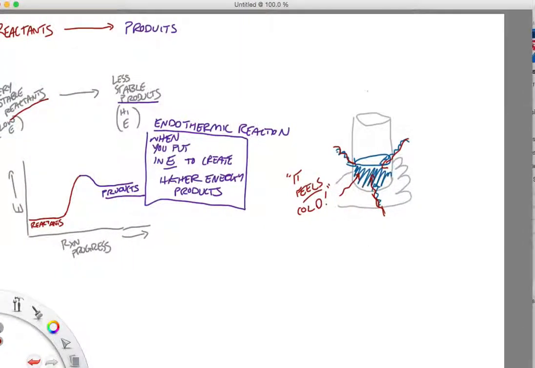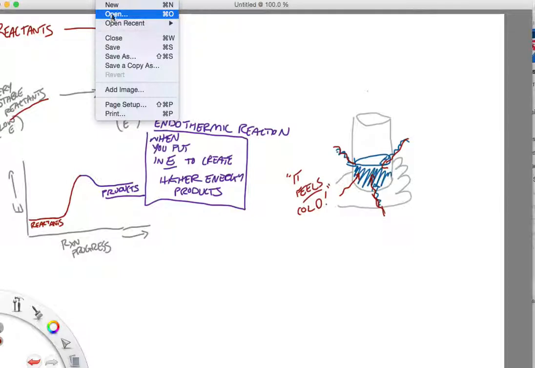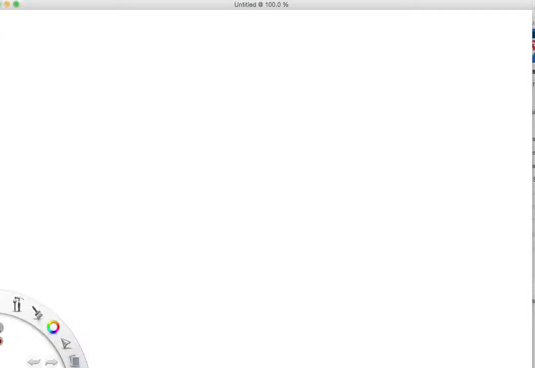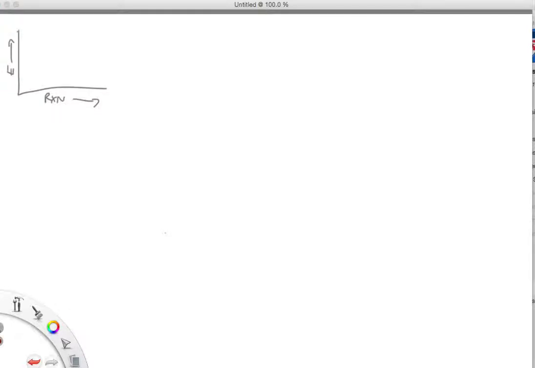That's very different than, you can guess it, an exothermic reaction. So I'm going to draw an exothermic reaction. I'm going to get a whole brand new page right here. Okay, so an exothermic reaction, if you've got the reaction process going, so here it is. The reaction is going in this direction, and the energy is going up here. Let's do reactants up here, and it goes a little jump right there, and let's say the products are down here.